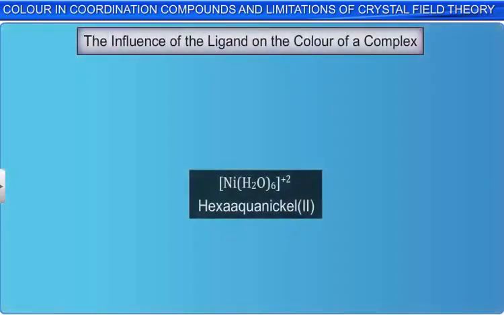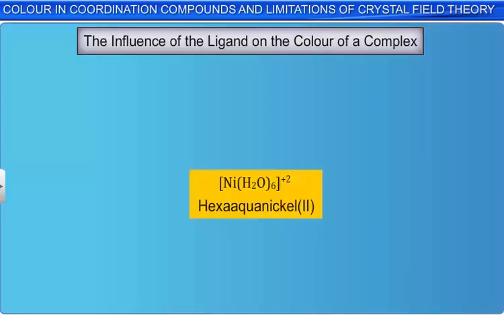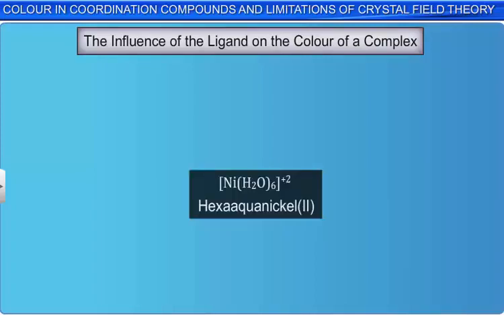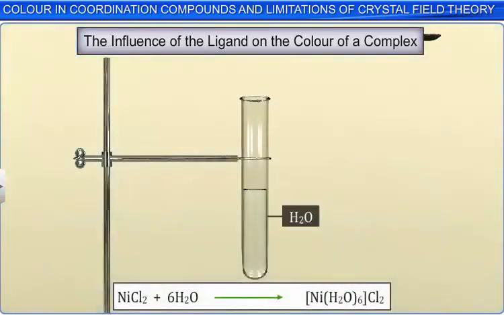The influence of the ligand on the color of a complex may be demonstrated by considering the hexaaqua nickel-2 complex. When nickel-2 chloride is dissolved in water, it gives the green hexaaqua nickel-2 complex.